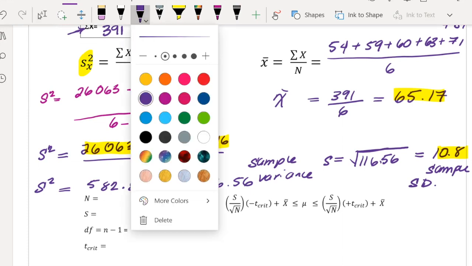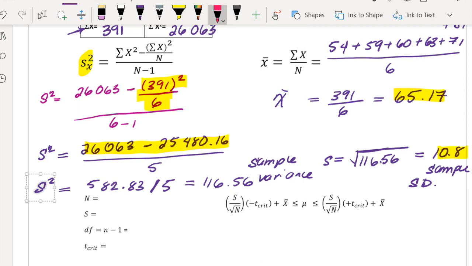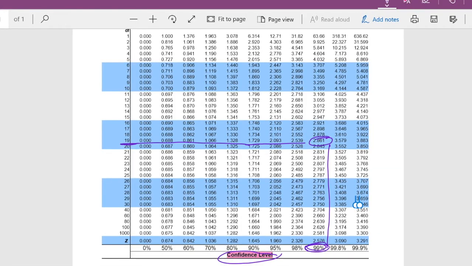Let me change my color. How about, let's do pink. Why not? So N was 6. My S is 10.8. My degrees of freedom is going to be 5. I need to go to my fabulous table. Well, this is going to be complicated.